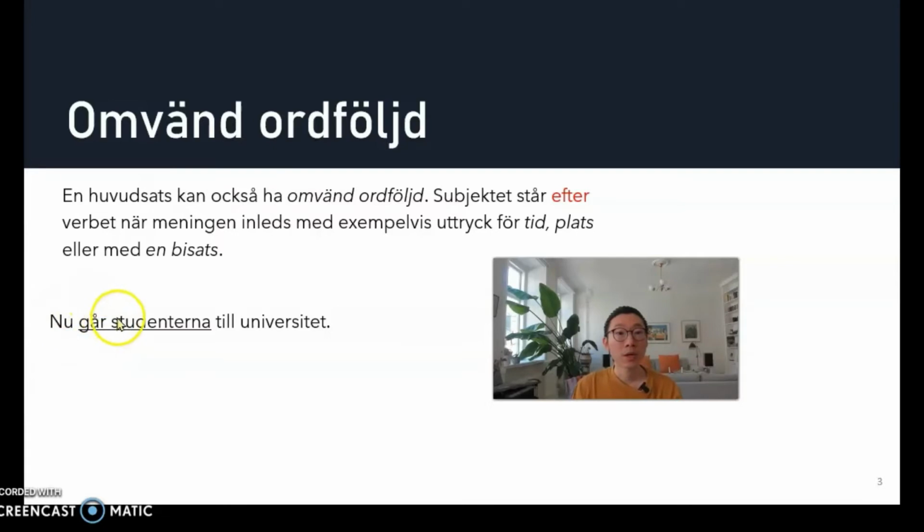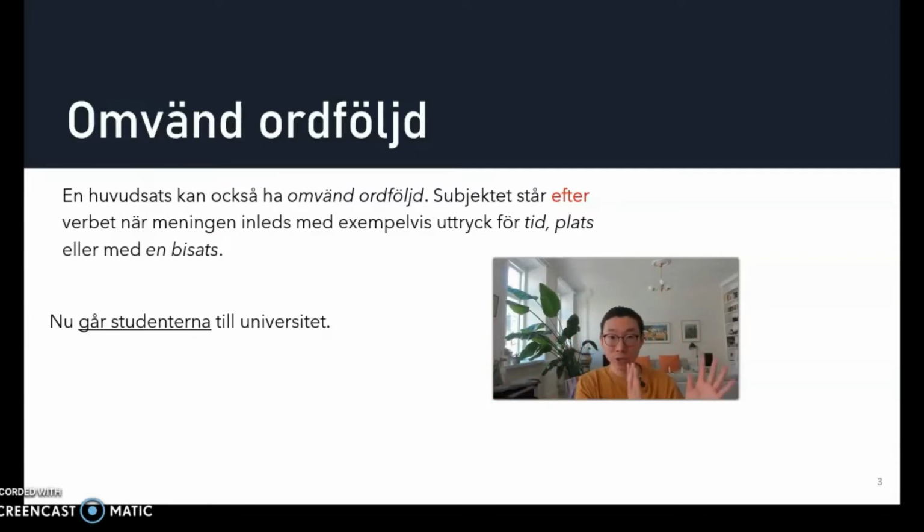Nu går studenterna till universitetet. Now the students go to the university. What would you say in English? So in English you would say, now the students go.